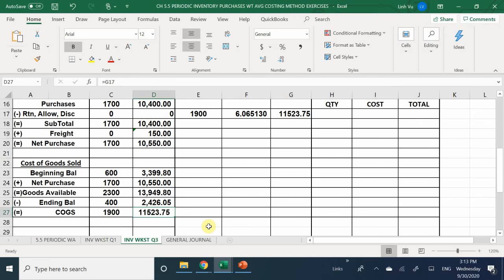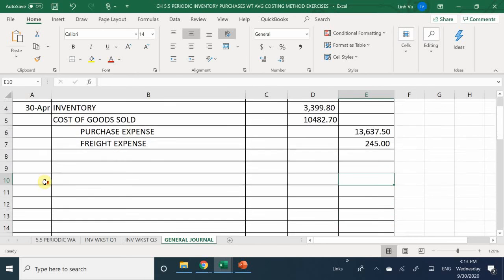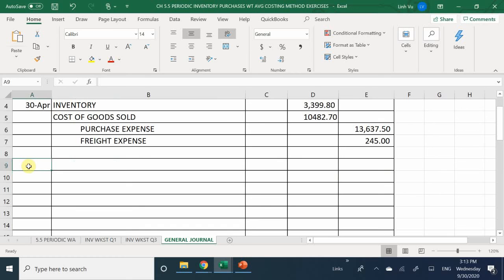All right. Let's go ahead and finish up the last question here, which is to do the conversion entry. So I'm assuming we're doing this for May 31st. What am I going to be recognizing first?